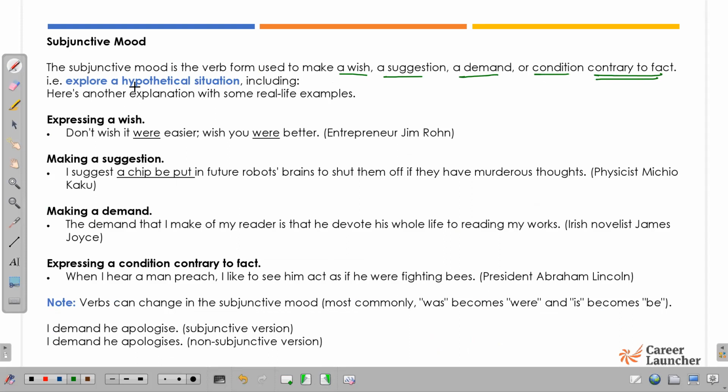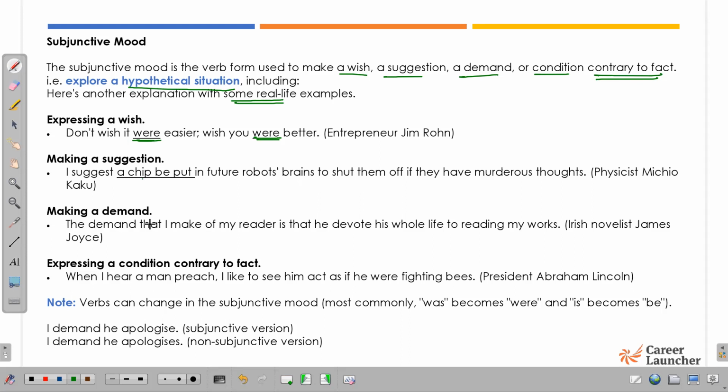Remember, it explores the hypothetical situation, and there are some real life examples. For example, expressing a wish: don't wish it were easier, wish you were better. Making a suggestion: I suggest a chip be put in the future robot's brain.